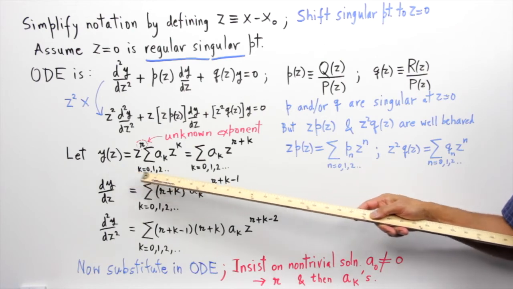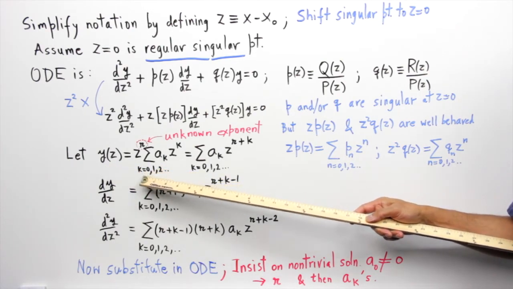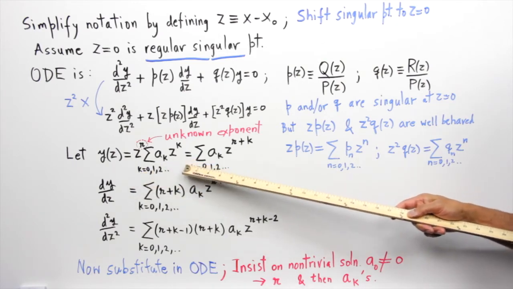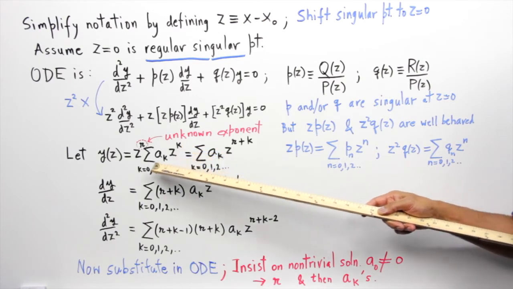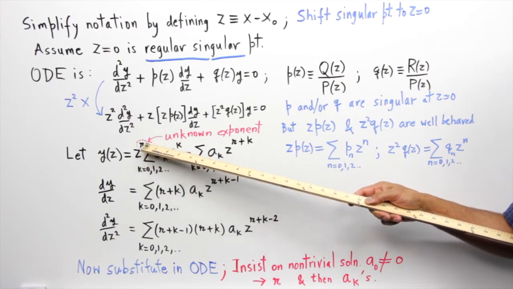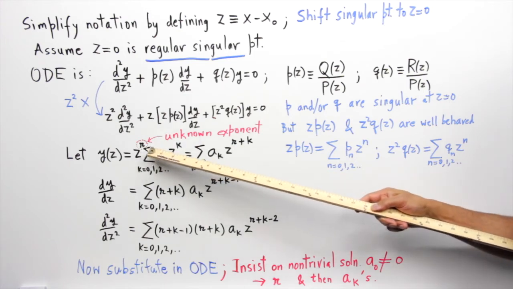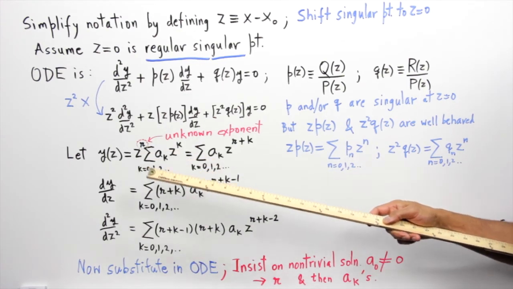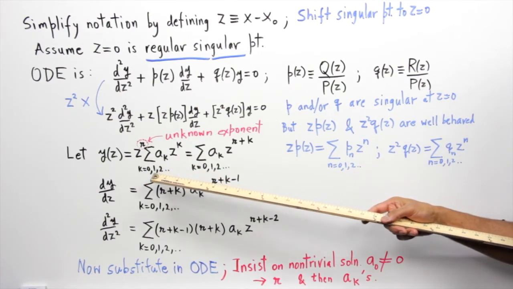And so we seek a solution of this form. We say that y of z is a series expansion, but the series expansion with the regular integer valued coefficients here for exponents is pre-multiplied by z to some power r, which is an unknown exponent. And so in particular, for example, if we have r as a negative number, then this series is going to blow up as z goes to 0.